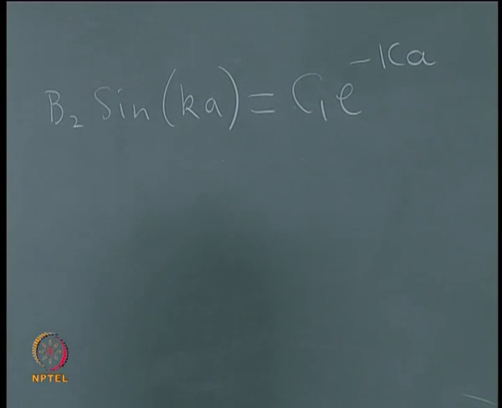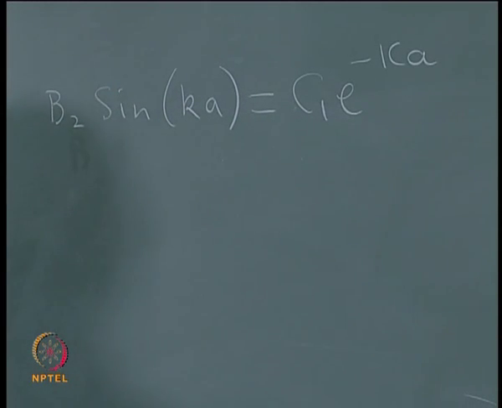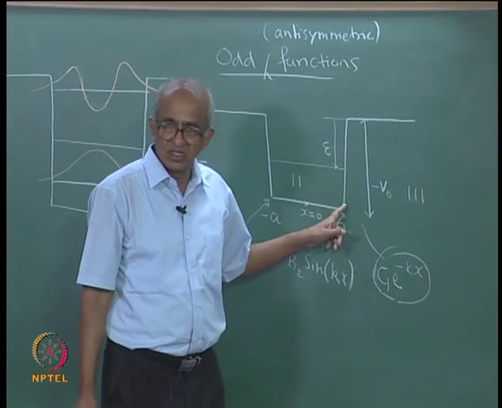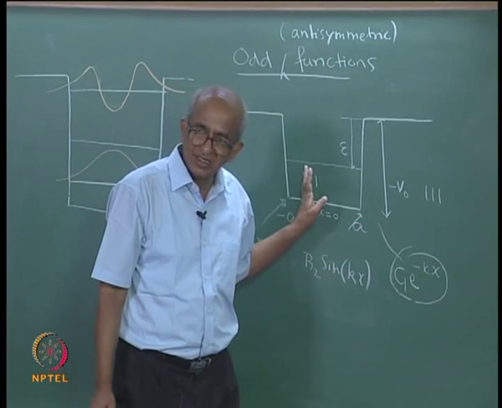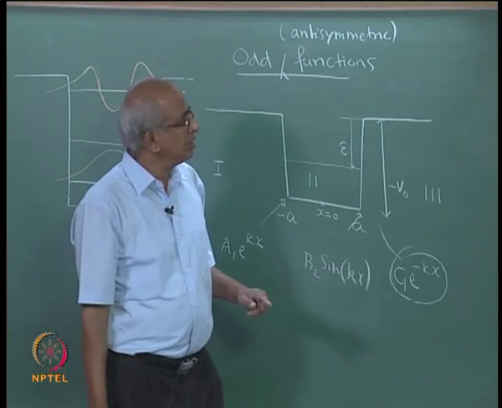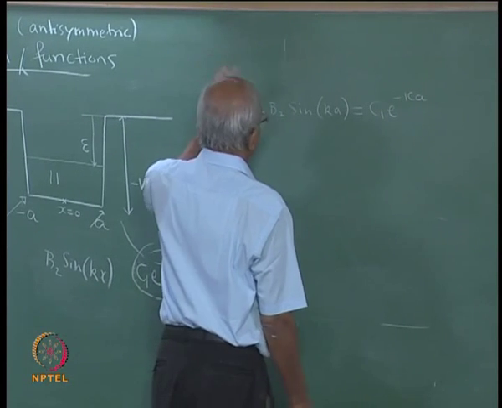and this is actually the continuity of the wave function. The wave function at the point x is equal to a, which is the boundary between regions 2 and 3, has to be continuous. Then the derivative of the function also has to be continuous.